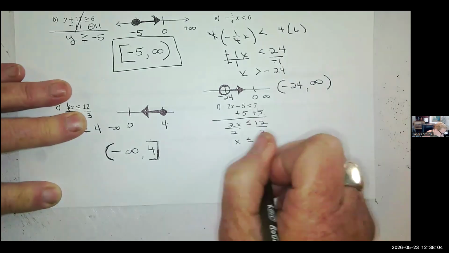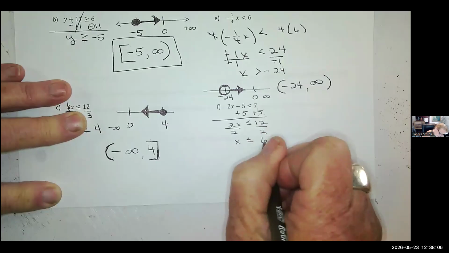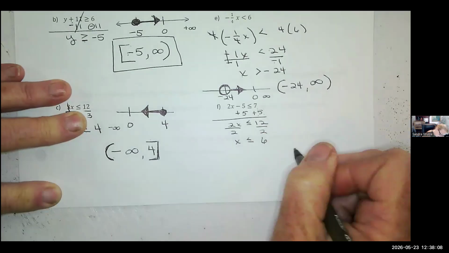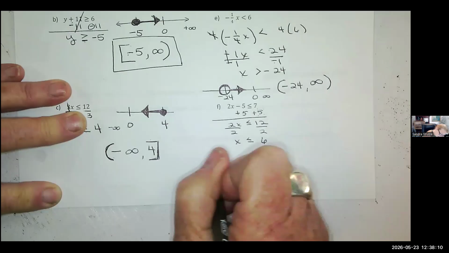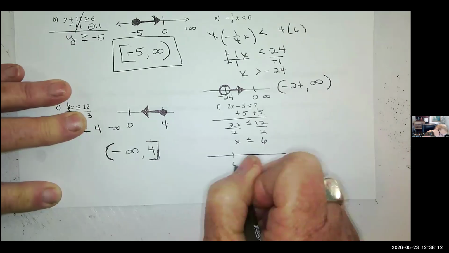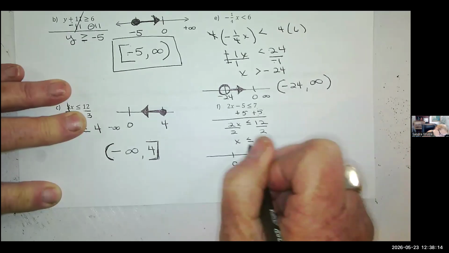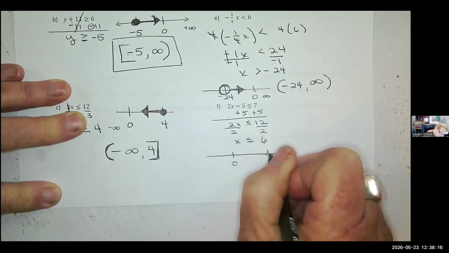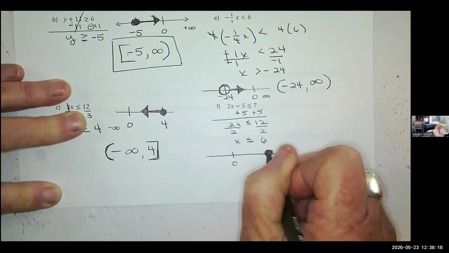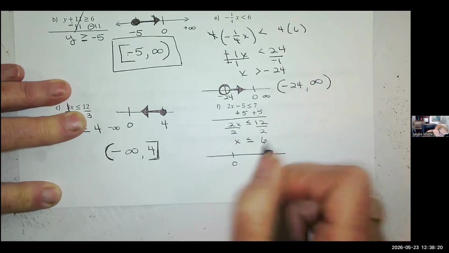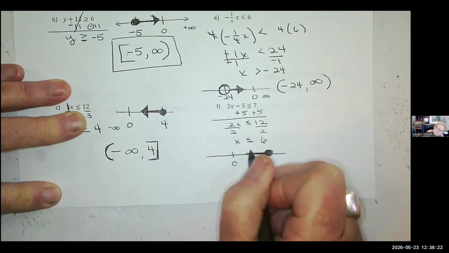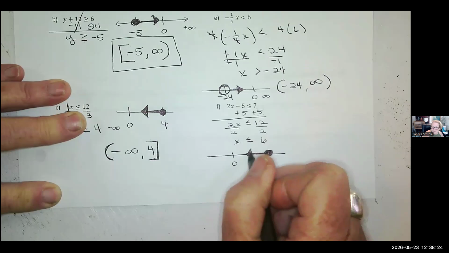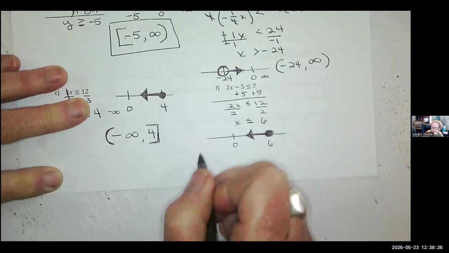All right, there's my inequality annotation. Let's create our number line, 0 and 6. 6 is included because it has this little equal sign with it, so your circle is filled in. It is a dot. And x is less than 6, so the arrow is going towards the left, heading towards negative infinity. That's the furthest number to our left.